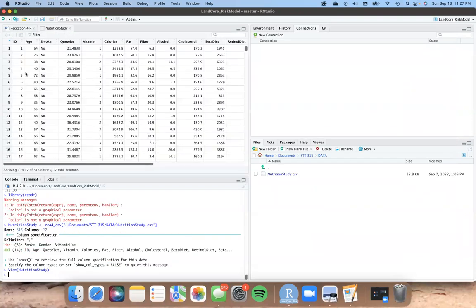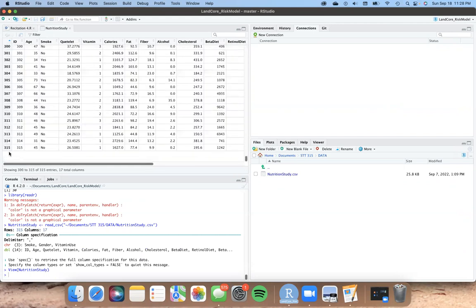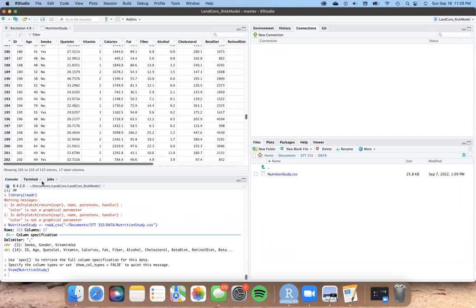When you import the data set, this age column here is the column we're using. We want to find the length of this, which you can code in R, but if I scroll down to the very bottom, we can see that our total length is 315. So there are 315 people. That's our sample size, 315.